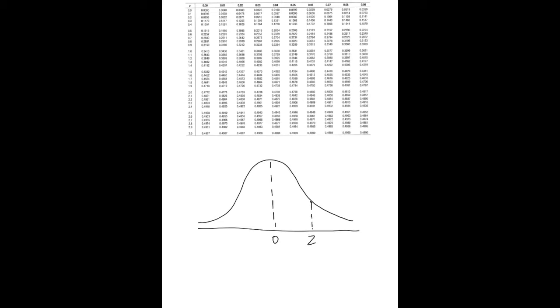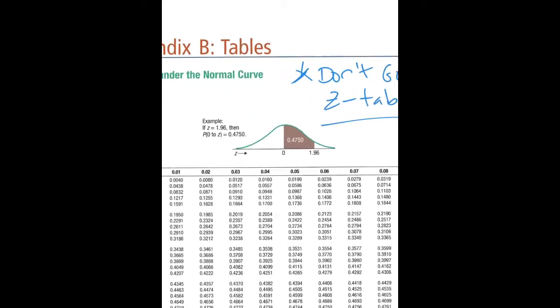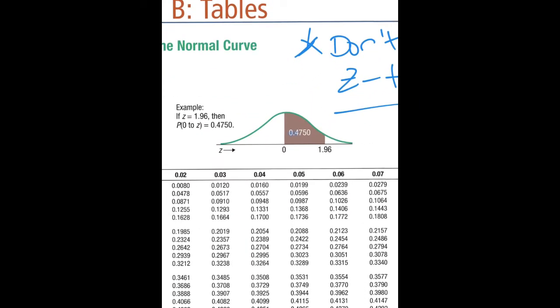So let's say this is some positive z-value. The table is always showing you an area between some z, or some standard deviation greater than or less than the mean. And if we look at the picture of this distribution, right at the top there's a picture showing you exactly what I described. So you'll see that the z-table is showing you area between 0 and some z-value.